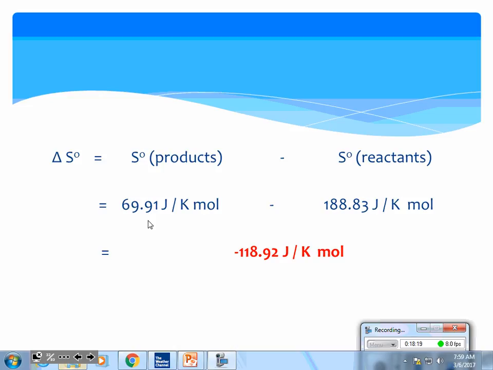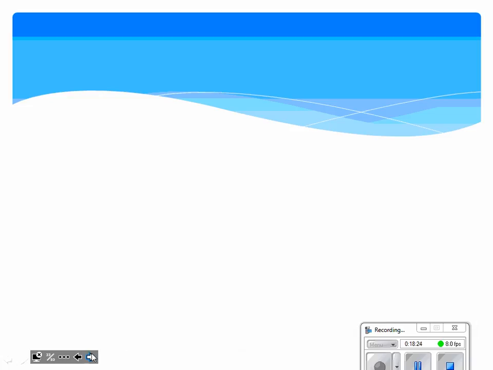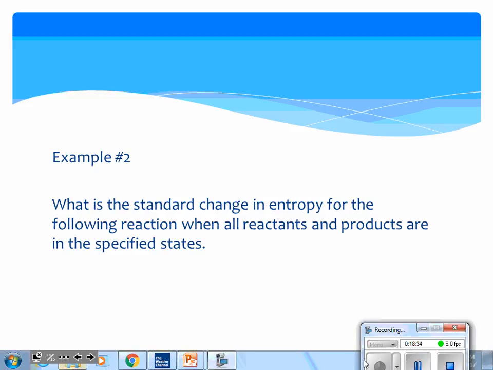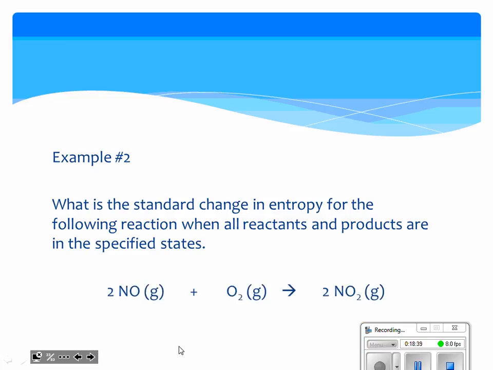Now here is problem number 2. What is the standard change in entropy for the following reaction when all reactants and products are in the specified states?